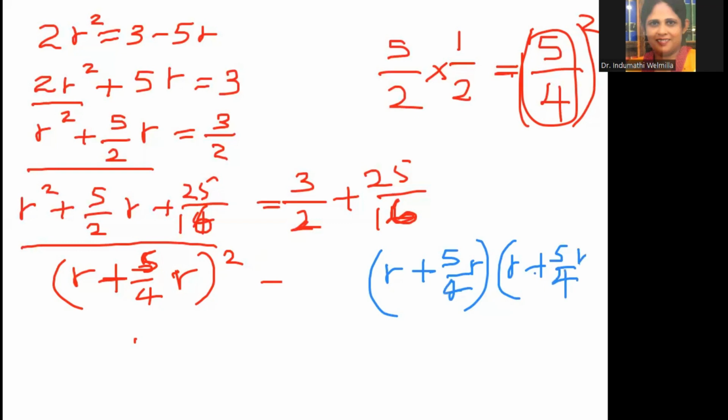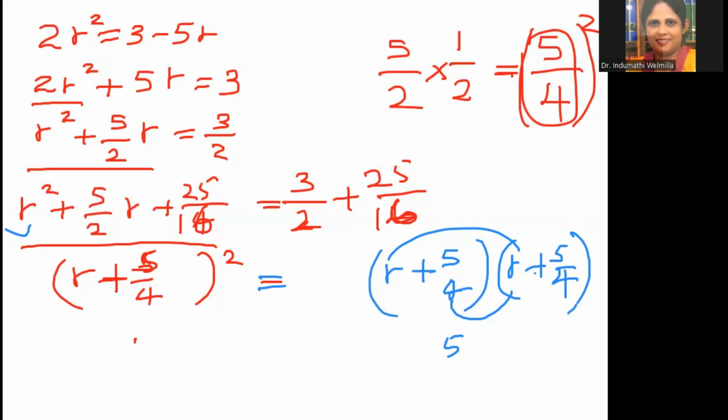So now when we multiply, you can see r squared. When we multiply the terms, we have to write here the term without r.